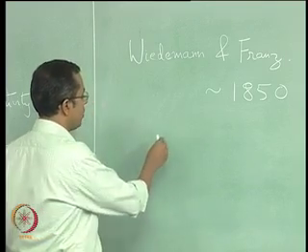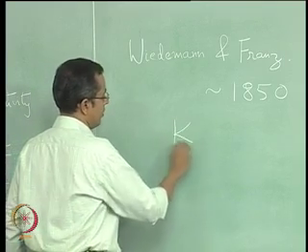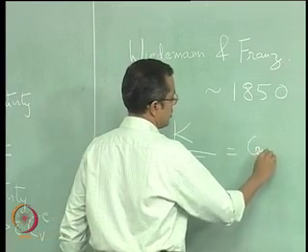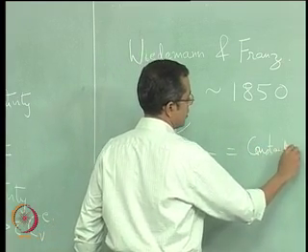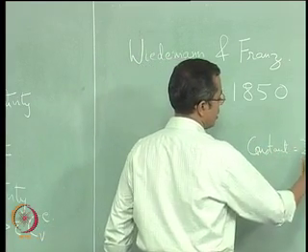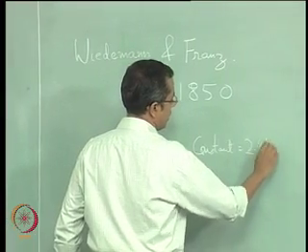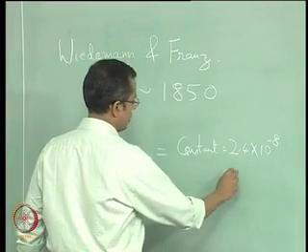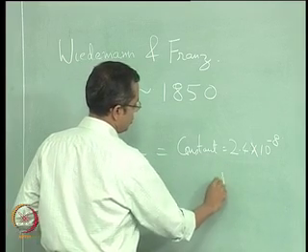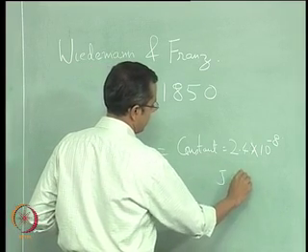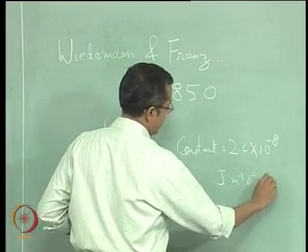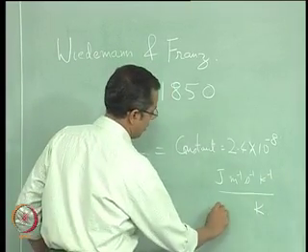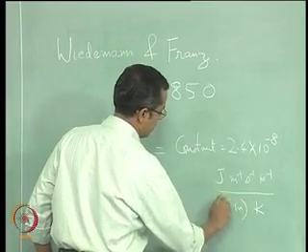So they found that K by sigma T equals a constant, okay. This works out to about 2.4 times 10 power minus 8. So we can put the units down here. This would be joules per meter per second per Kelvin, that is Kelvin here, and this is ohm meter minus 1.